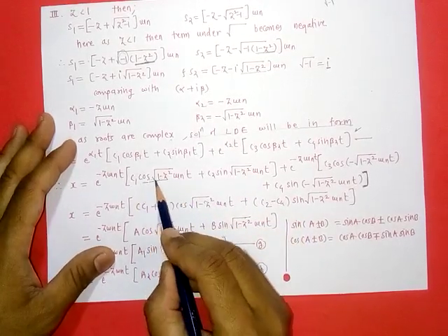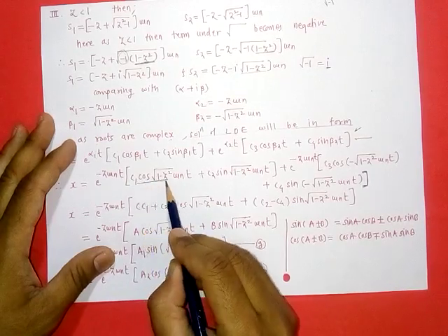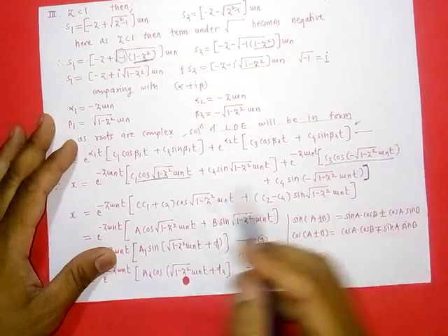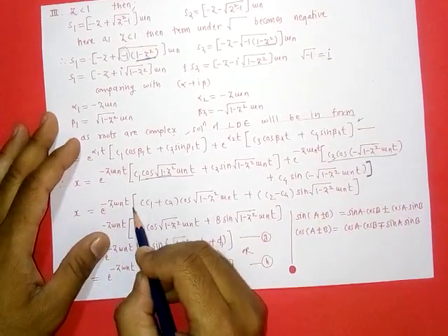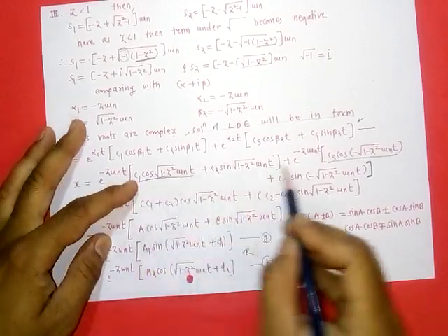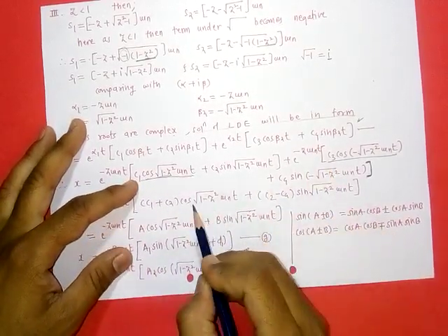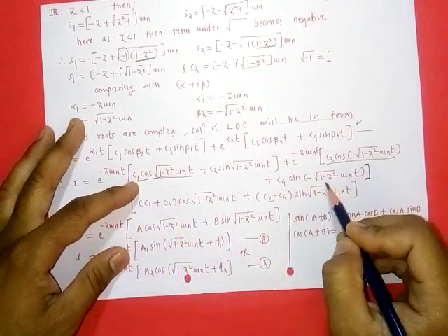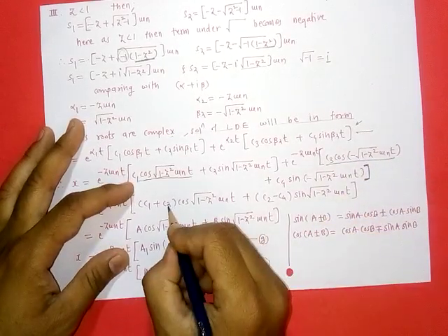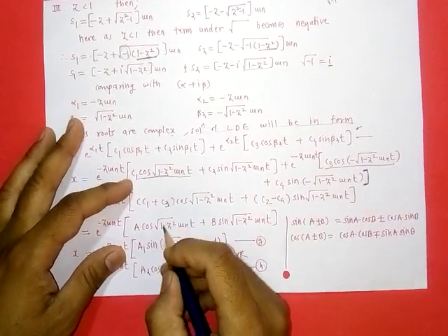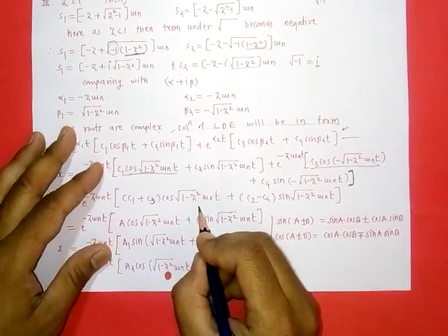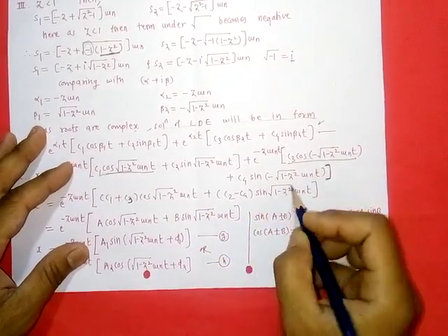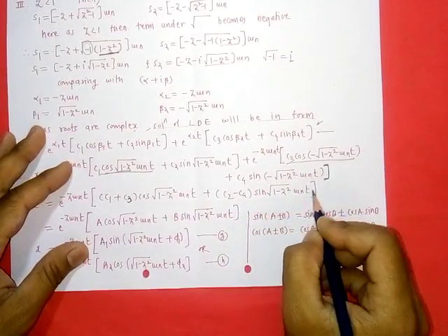Here this term includes cos and this term includes cos, so we take e raised to minus zeta omega n t outside into bracket c1 plus c3 cos under root 1 minus zeta square omega n t plus c2 plus c4 sin under root 1 minus zeta square omega n t.